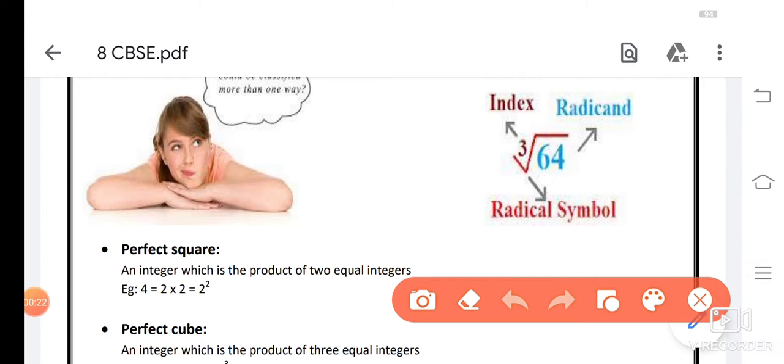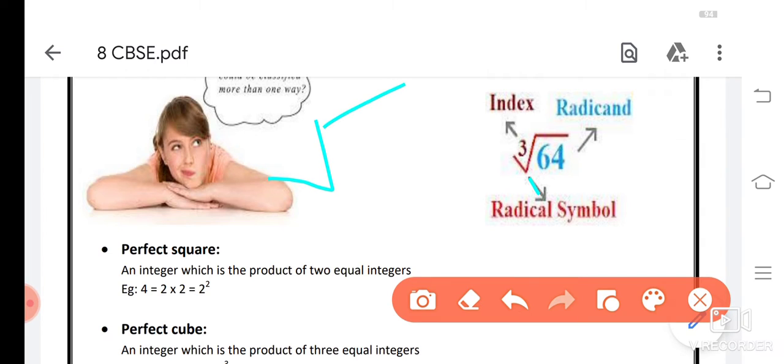Now first, we will learn the square root symbol. Here is a square root symbol. See, here it is a square root. This is the index. This is the radicand. This is the radical symbol.